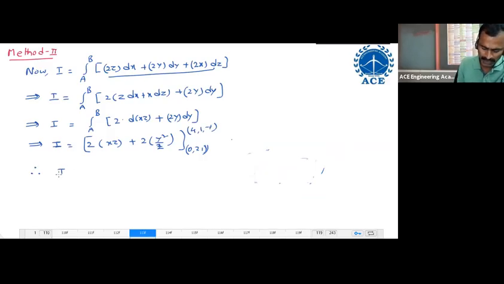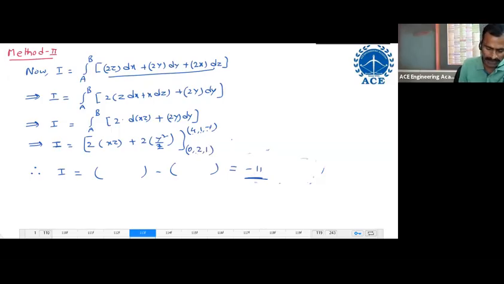Therefore, I equals upper limit minus lower limit, and finally we get minus 11. That is the answer. For the upper limit, x equals 4, y equals 1, z equals minus 1. For the lower limit, x equals 0, y equals 2, z equals 1. Like this, we can substitute.